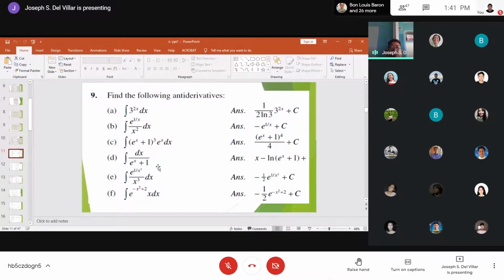Okay, what is the differential of 1 over x? Negative 1 over x squared dx. What is the differential of 1 over x? Negative 1 over x squared dx.